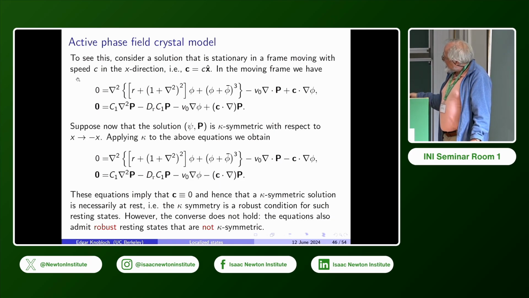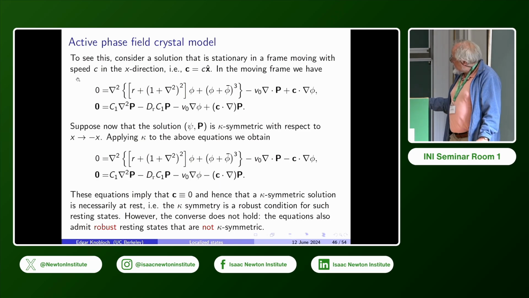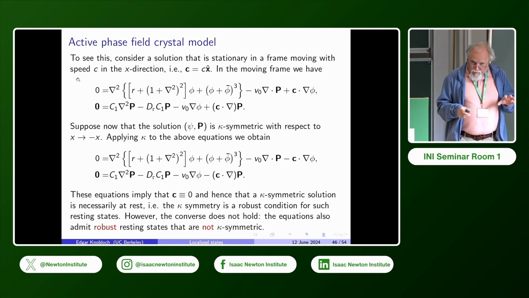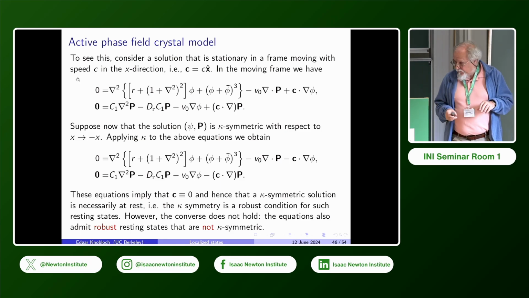So the only term that changes sign is this one, because phi doesn't change sign, and the gradient changes sign. If you apply the symmetry kappa, phi and P do not change because they are symmetric, but the equation changes. And so you conclude immediately that if you have a symmetric state, it cannot move. It has to be at rest.